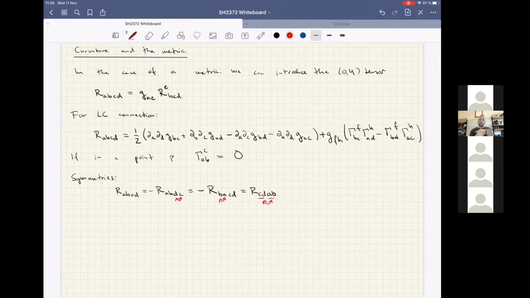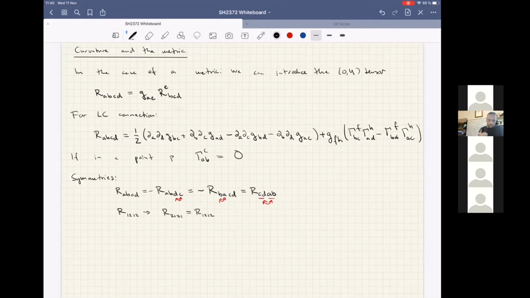So these are symmetries of the curvature that we can use. So let's say that we, for some case, we have R1, 2, 1, 2. If we have that component, we can immediately express R2, 1, 2, 1 to be equal to that. So we're decreasing the number of degrees of freedom that we have in this curvature tensor.